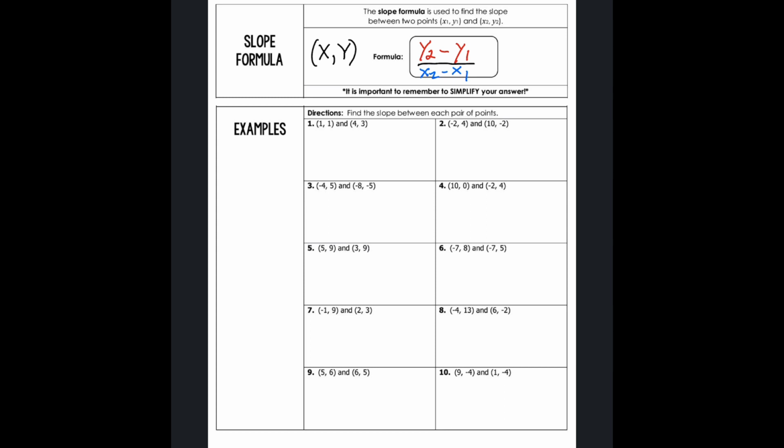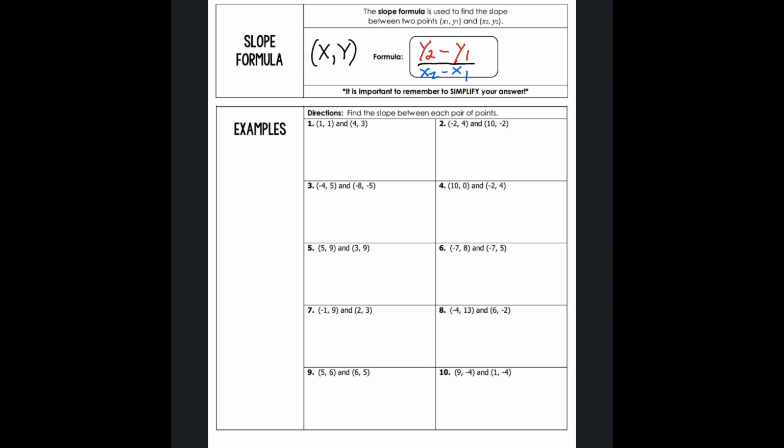What's going to happen is you might label a couple and then you're going to start feeling like, oh, I get it. And you're going to stop labeling your points, and then you're going to start making a bunch of silly mistakes when it comes to entering your numbers into your formula. So always, forever and ever, for here on out, you should be labeling your points.